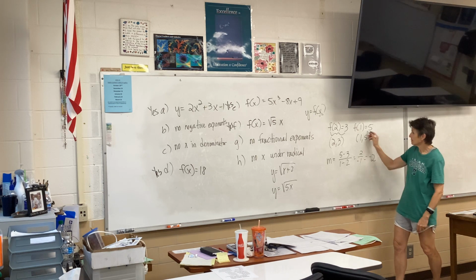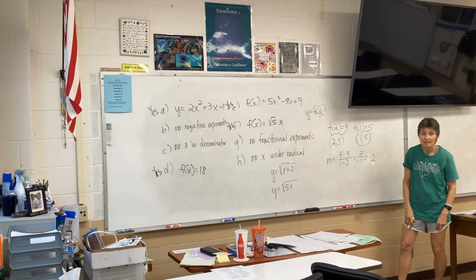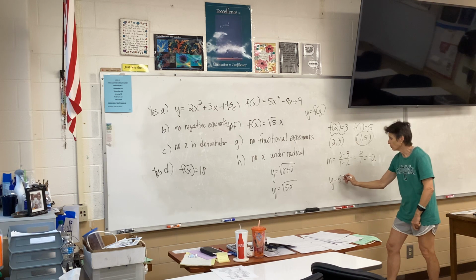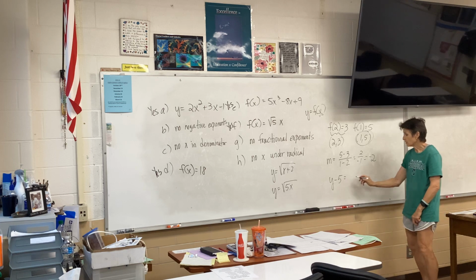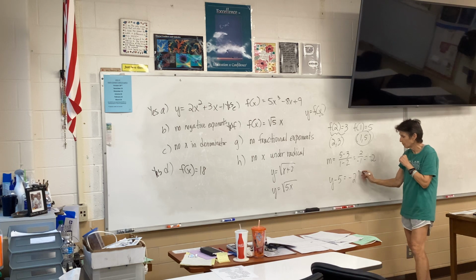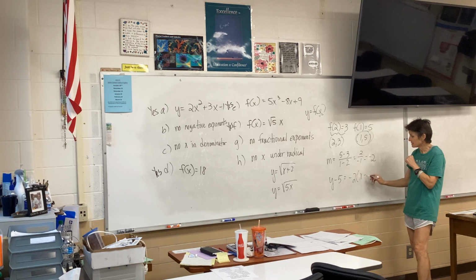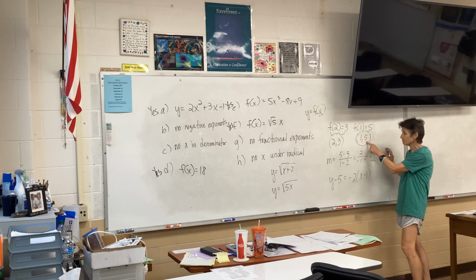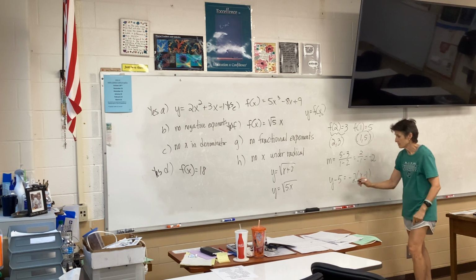Now I pick a point, I'll just pick that one, it doesn't matter, pick either point. Y minus the y coordinate equals slope times x minus the x coordinate. So remember point slope form, y minus y equals m times x minus x.